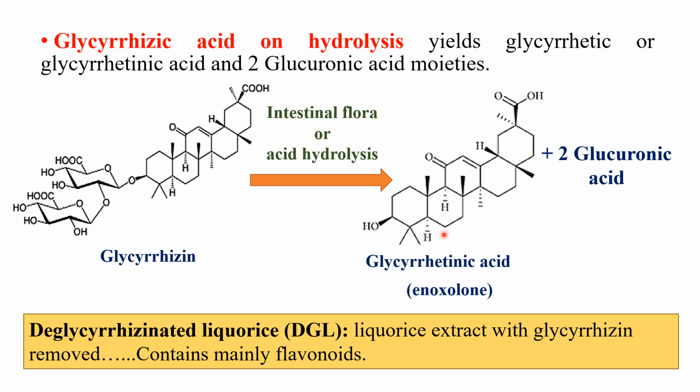it also contains other very important active constituents besides glycyrrhizin. As we can see, there are some supplements called DGL. What does that mean? It's licorice extract without its glycyrrhizin. You know, it's similar to decaf tea or decaf coffee.